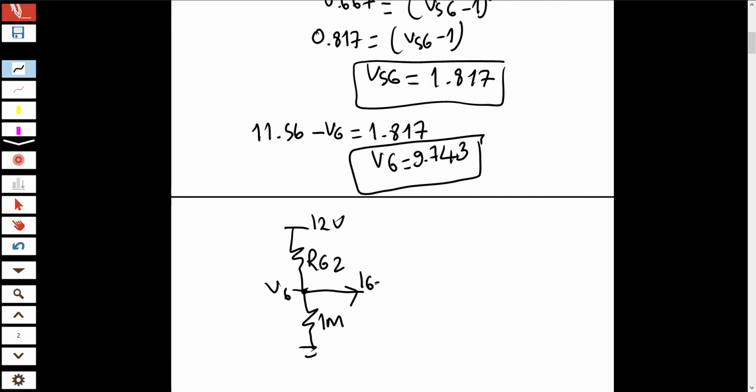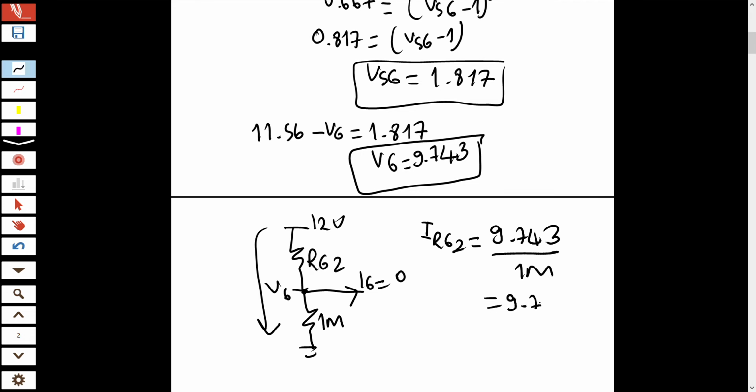This current is 0. So I can find the current flowing through these resistors. Simply V gate over 1 mega will give me the current. So I R gate 2 equals 9.843 divided by 1 mega, it is equal to 9.743 microamperes.